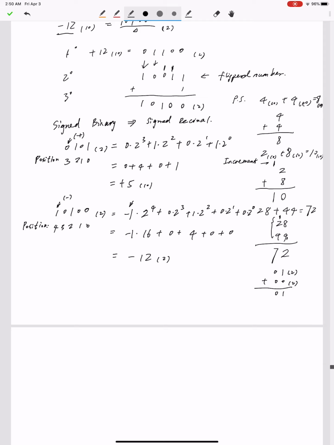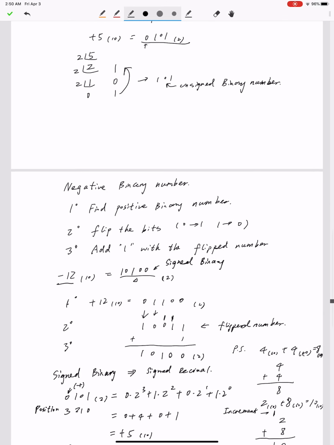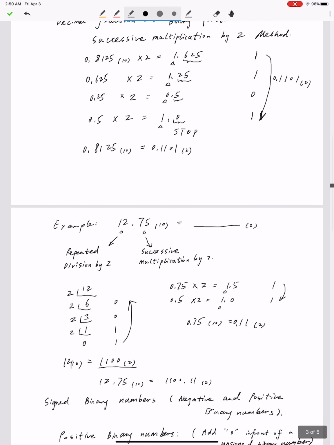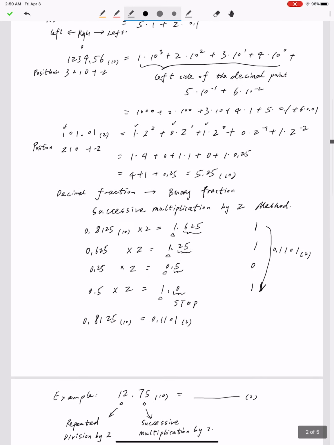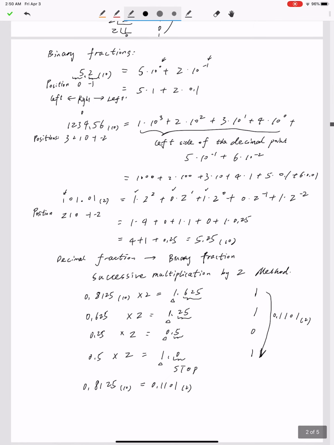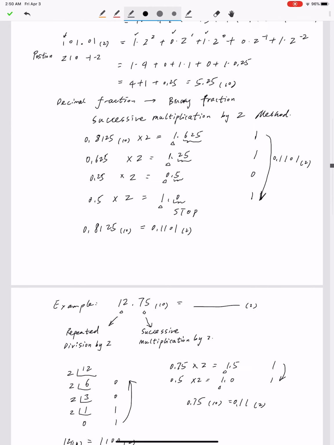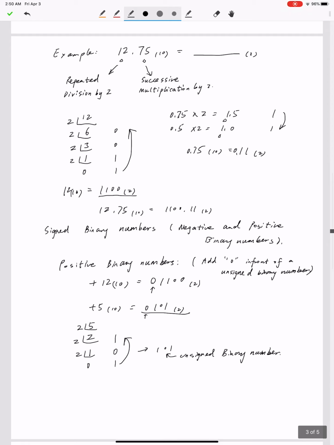Alright, so in today's class, we have introduced how to convert decimal fraction numbers to binary fraction numbers, and how to handle signed binary numbers with positive and negative representations.